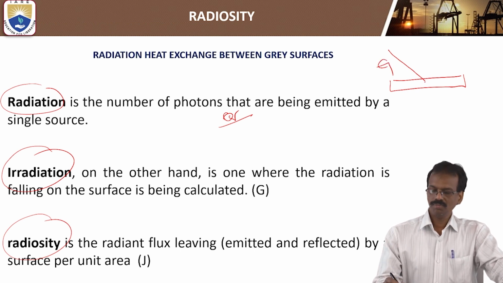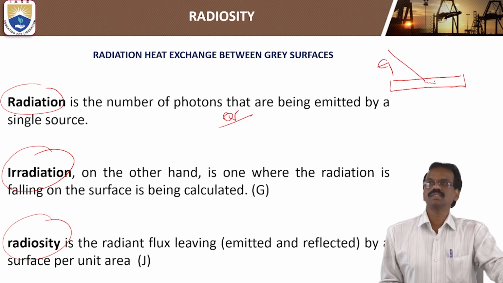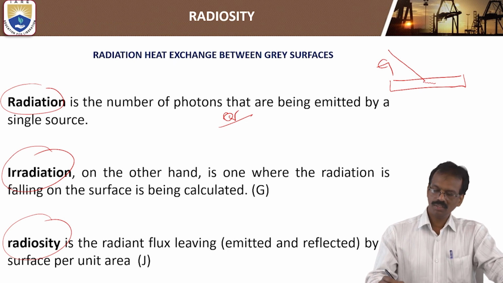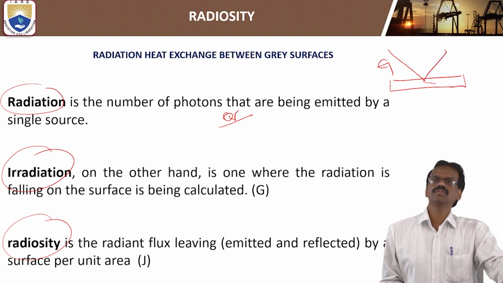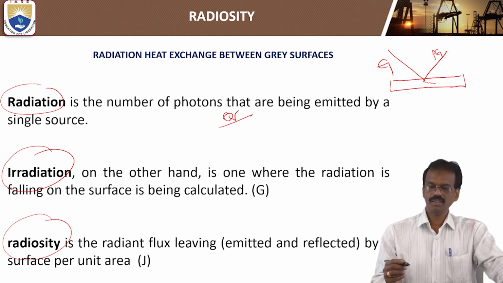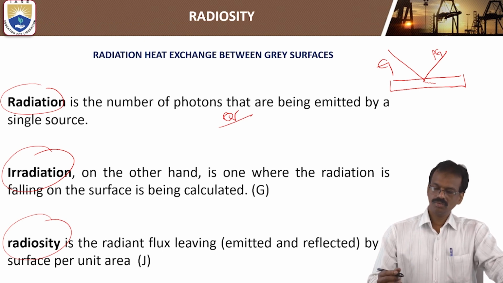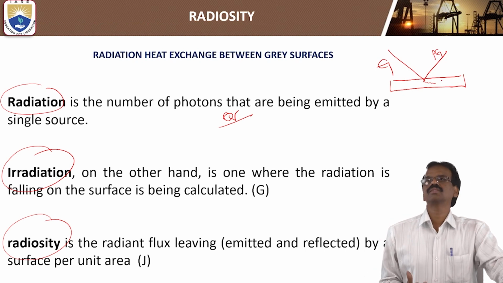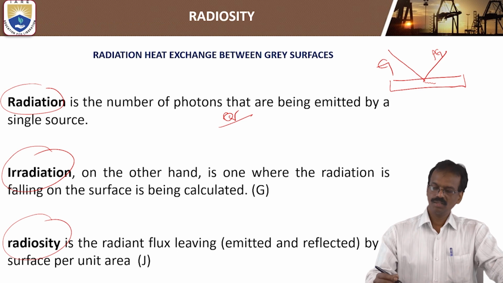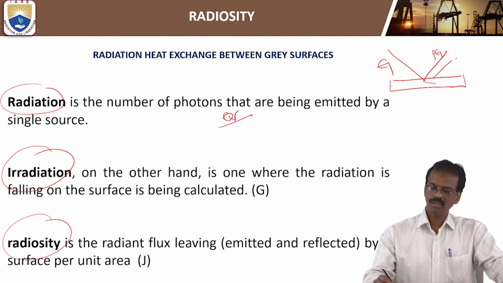Some portion of G will be absorbed by this gray surface, and some portion will be reflected. Due to this absorption, the surface emits energy, that is the emitting energy, EB.